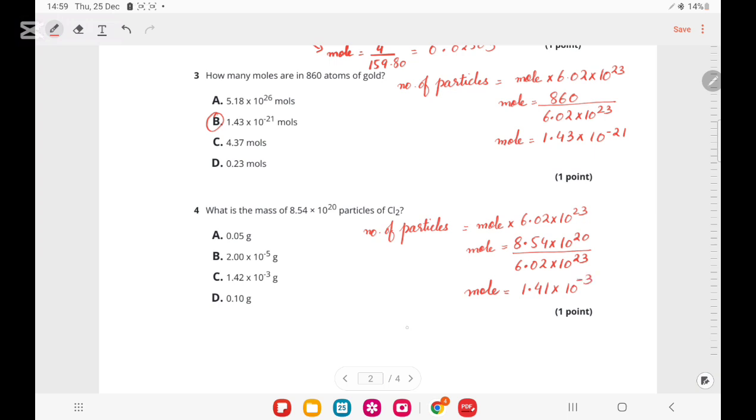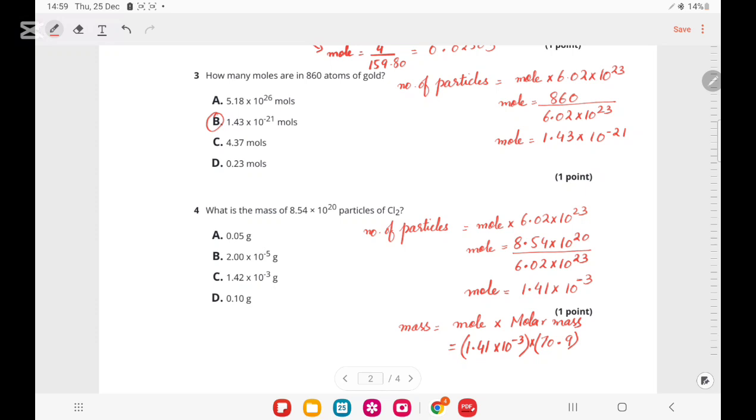Now we have to find the mass, and formula is going to be mass is equal to mole times molar mass. Mole is 1.41 times 10 raised to power minus 3, and molar mass, for chlorine is Cl2, so it is going to be 70.9.